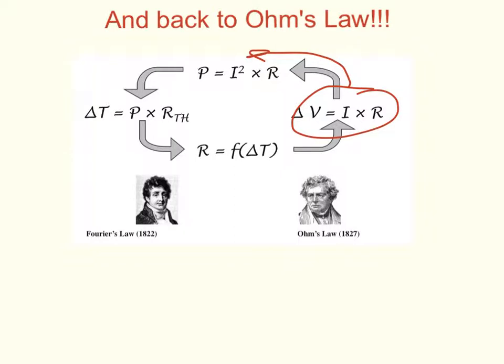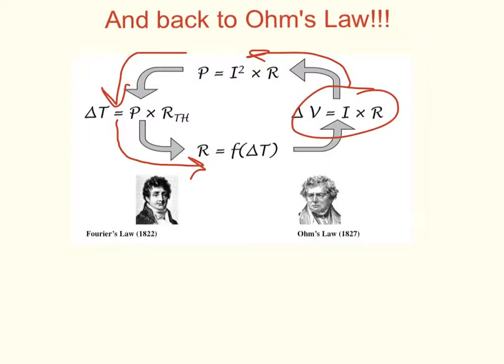If you have higher resistance, more power is dissipated. And then we looked at Fourier's law. If more power is dissipated in a material, a larger change in temperature will occur. That makes sense.